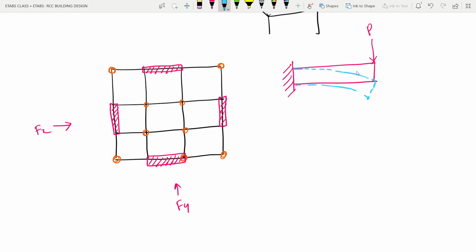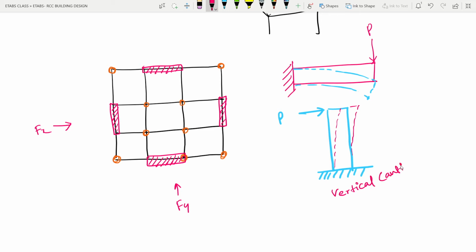So if I just rotate it 90 degrees like this, and the force is coming from this direction, this becomes a shear wall actually. So a shear wall we can call a vertical cantilever. Vertical cantilever.